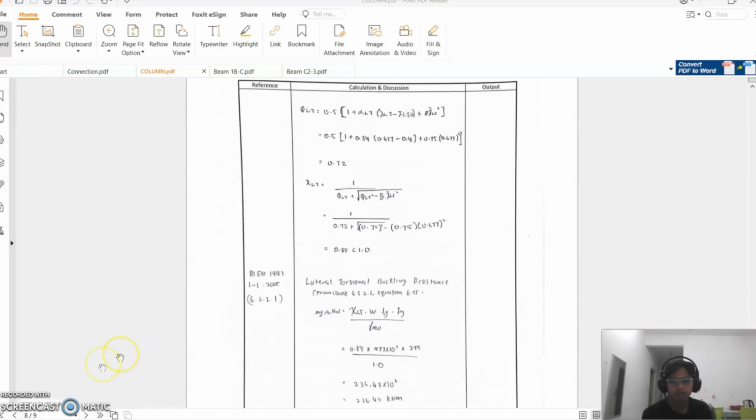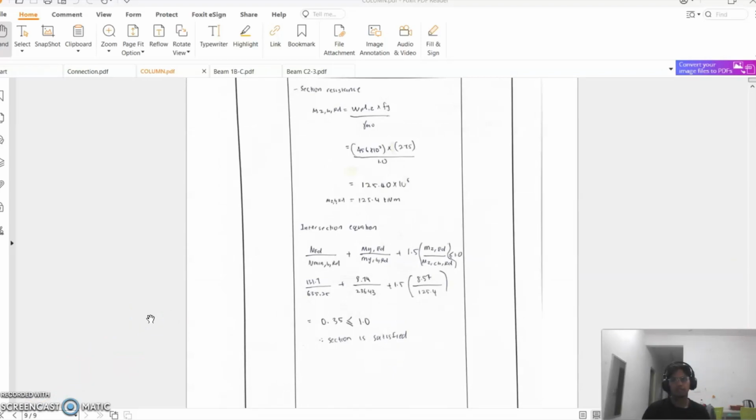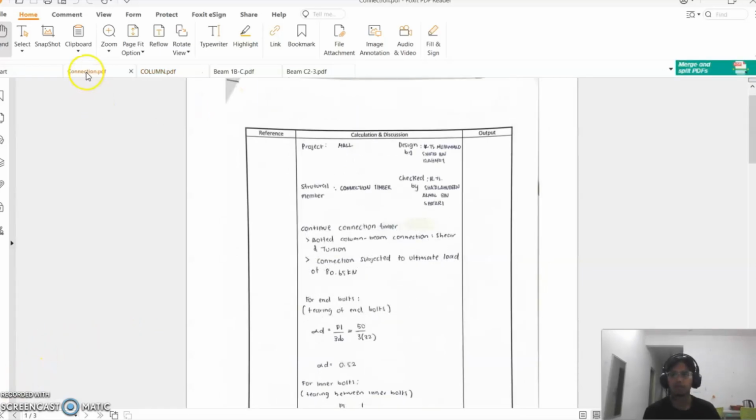Continue with section resistance, the value is 125.4 kNm, and for the interaction equation we need to add the 3 values from beam and column, and the value is 0.35, which is smaller than 1.0, so this section is satisfactory. And I go for connection.